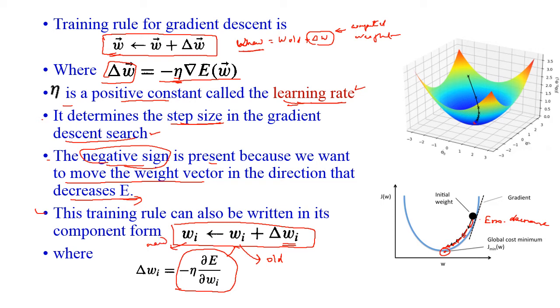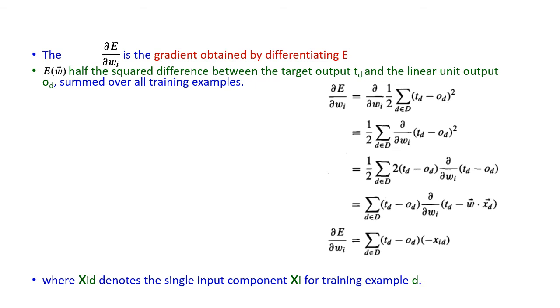The delta Wi is equal to minus n times dE/dWi. Here dE/dWi, the differentiation of E divided by the differentiation of Wi, is the gradient obtained by differentiating E, the error.